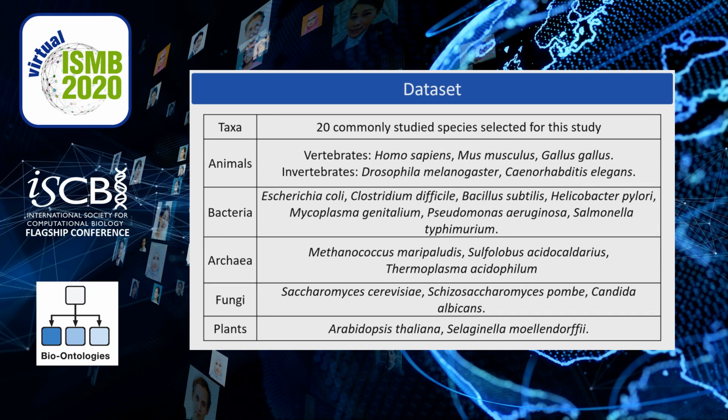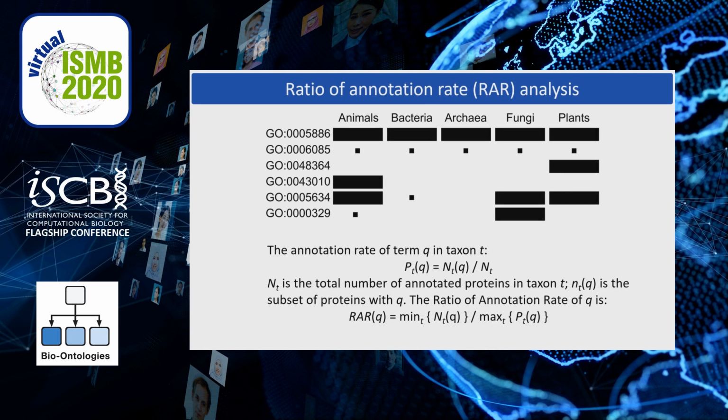This table lists the 20 species this project focuses on, including model organisms and common pathogens. To detect misannotations for these species, we first classify all annotations based on different taxa of animals, bacteria, archaea, etc., as shown in different columns.